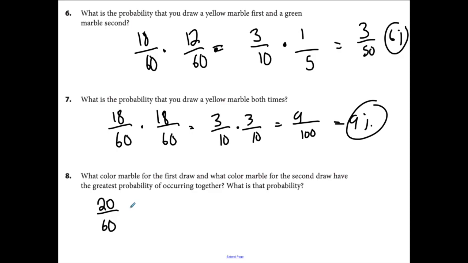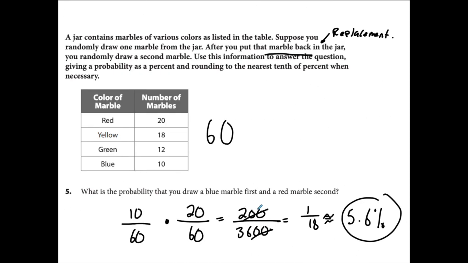So I would argue, if you look at the red, I have a 20 in 60 chance of grabbing a red, and I have a 20 in 60 chance of grabbing a second red, and that is 1/3 times 1/3. I have a 1 in 9 chance of grabbing 2 reds. Okay, it's unlikely to get any better than that.